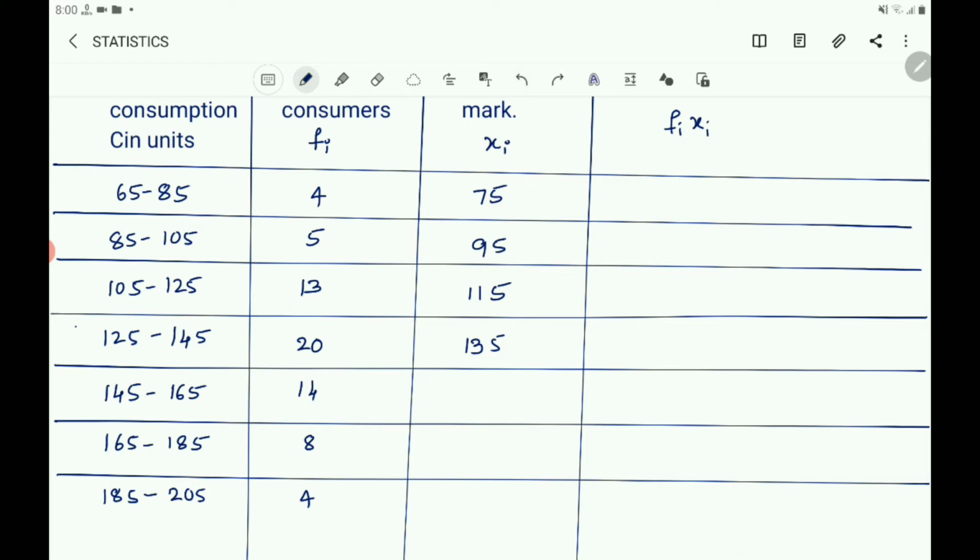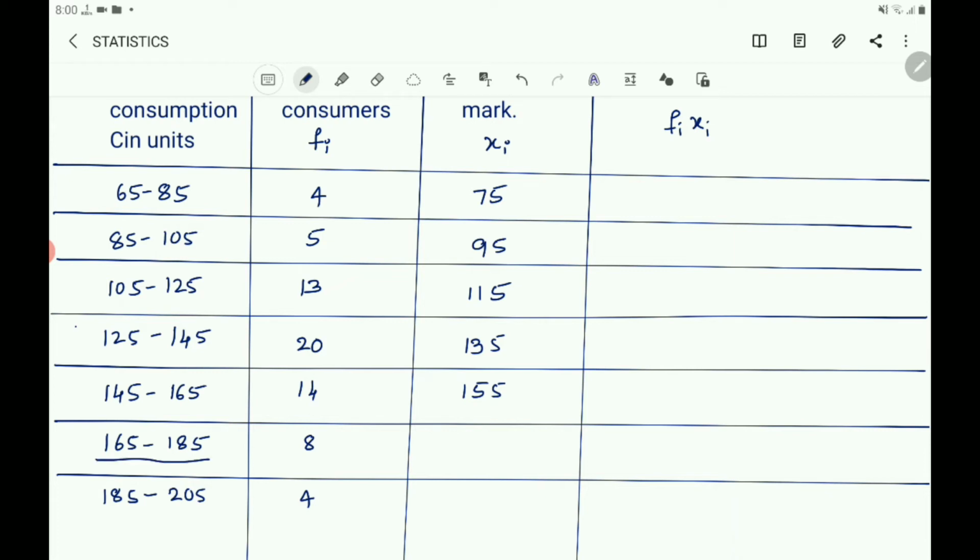That is sum of these two divided by 2, upper limit plus lower limit divided by 2. 145 plus 165, 200 plus 50, that is 310 you will get. 310 by 2 is 155. Again, if you add 20, you will get 175.